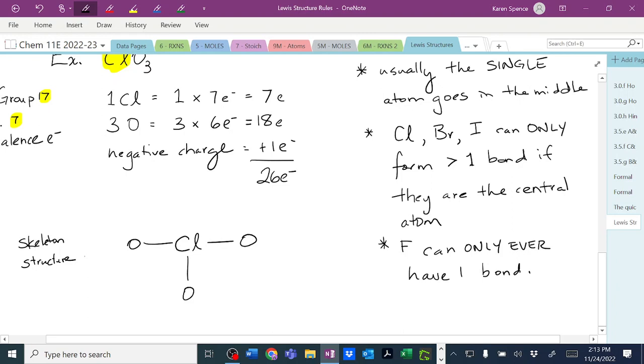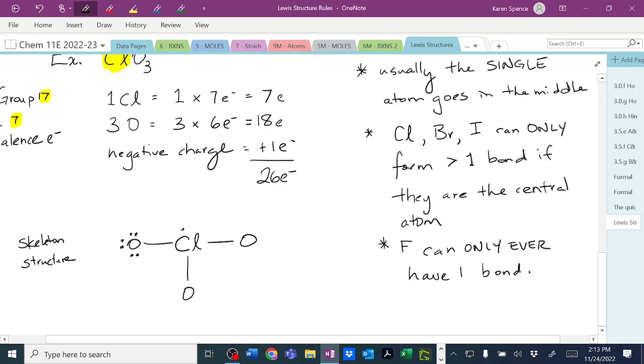What was that step? What is step 3? Yes. Add lone pairs. Does this oxygen here need lone pairs? Yes, how many? 3, where do they go? Around the outside, top and bottom and side. Does chlorine need any lone pairs?